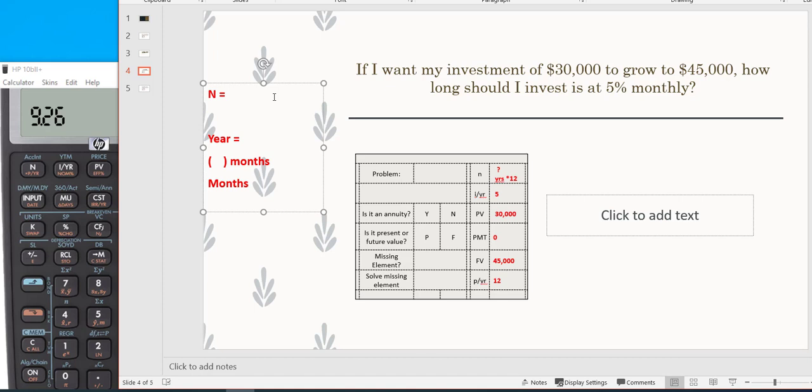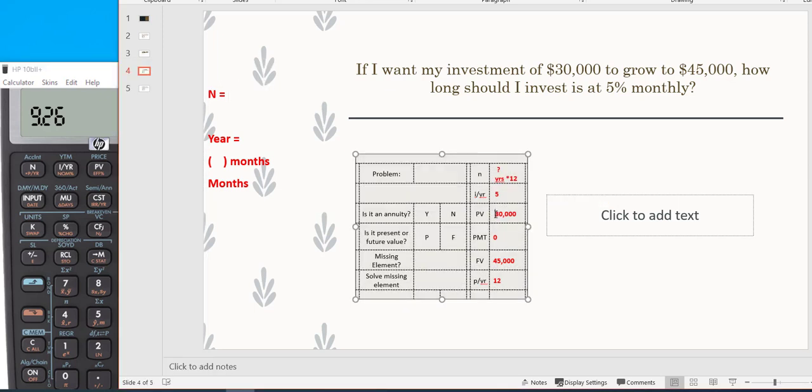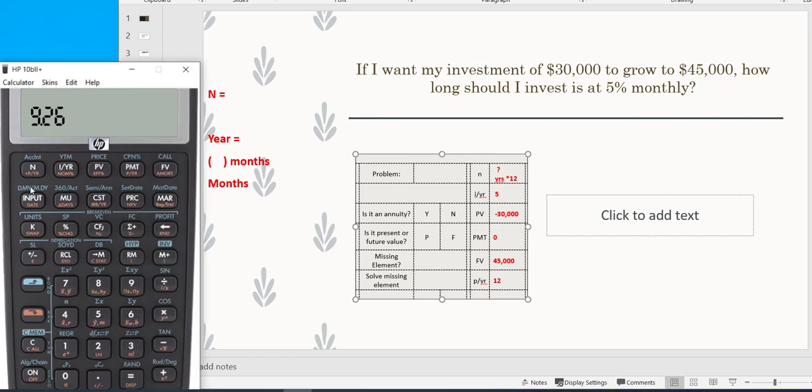So let's go ahead and calculate this. And add both present value and future value. So present value needs to be marked as a negative. So we're trying to find N, and so we are going to skip N. 5 IYR, 30,000, and that's your present value.